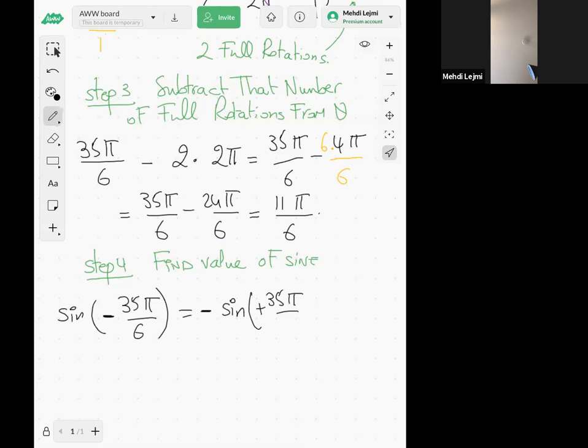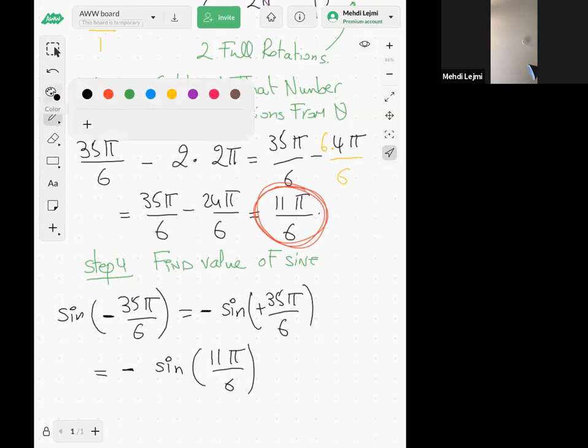In step 3, I subtracted 2 full rotations from my 35 pi over 6, and I got 11 pi over 6. So now this is minus sine of 11 pi over 6. Of course, you keep the minus here. In the third step, I got 11 pi over 6.